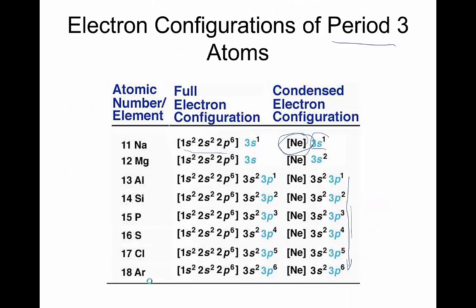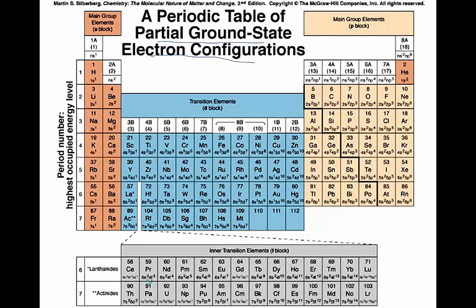So the stuff past the previous noble gas. Okay, so for hydrogen it's 1s1, helium is 1s2, then lithium starts the same electron configuration as helium plus some extra stuff, 2s1. Then beryllium is 2s2, and so on as we start filling things in.